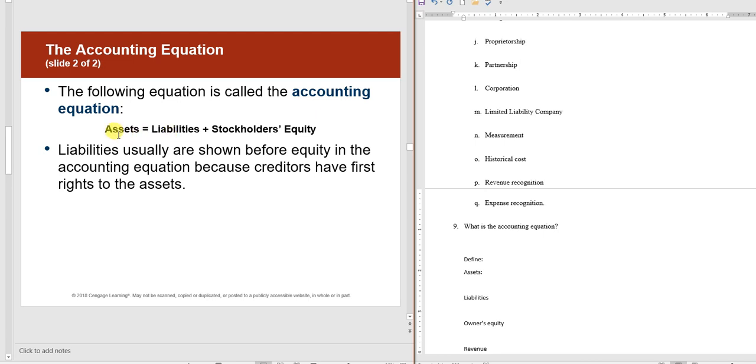But if my assets are $10,000, I have a car, and I got it from investing it in the business myself or from the stockholder, then my stockholder's equity is $10,000. I could also have a $10,000 car that I borrowed $4,000 of and invested $6,000 of my own money. So $10,000 car equals $4,000 plus $6,000, which is $10,000.